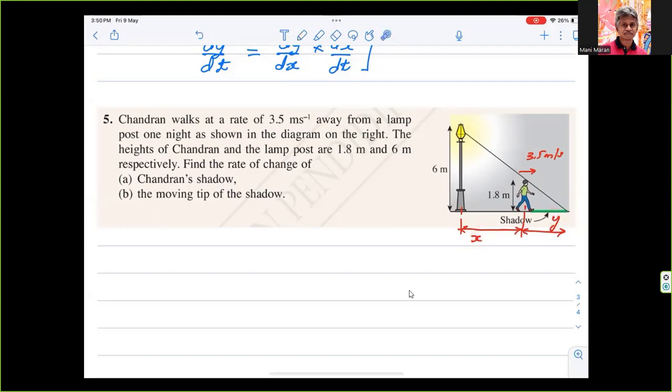We can relate x and y by using the concept of similar triangles. There is one big triangle here, which is similar to the smaller triangle because they share a common angle. So 6 divided by x plus y is equal to 1.8 divided by y.